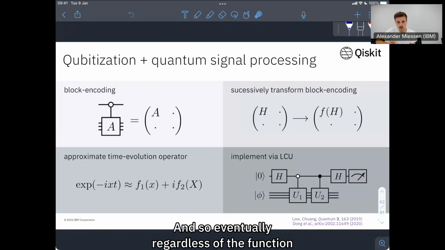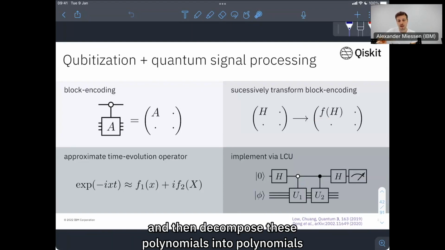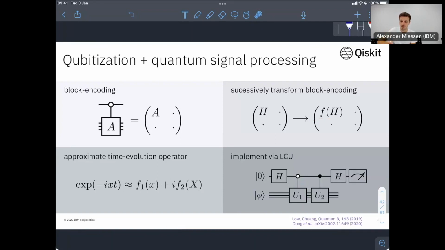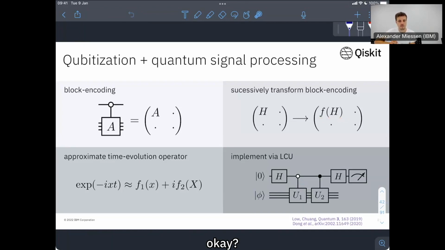And so eventually, regardless of the function that you want to implement here, you always first have to expand it as a series of polynomials and then decompose these polynomials into polynomials that satisfy the requirements of quantum signal processing, okay?